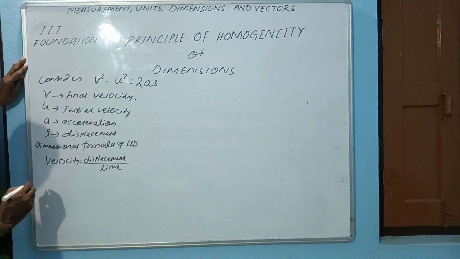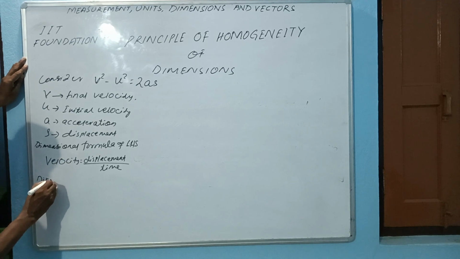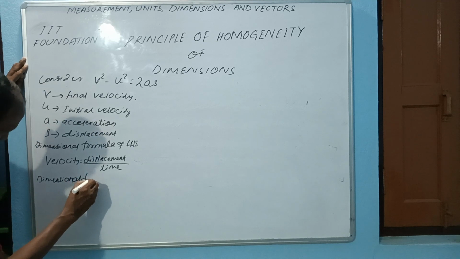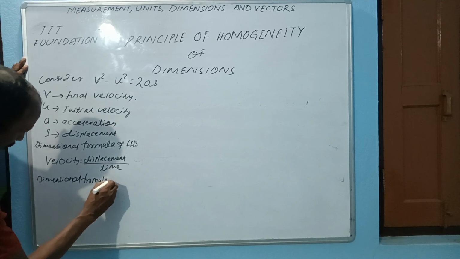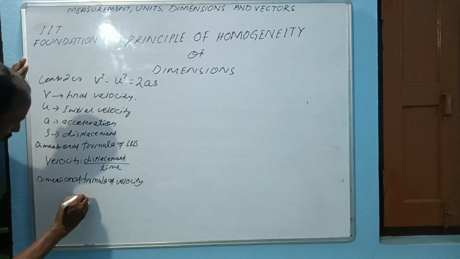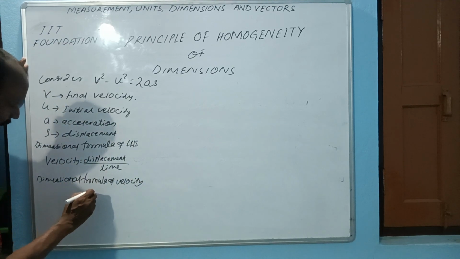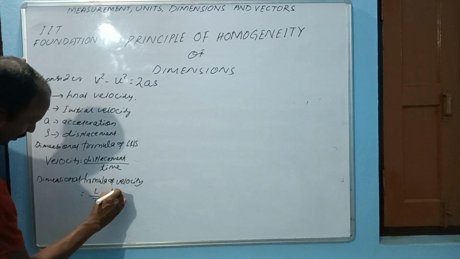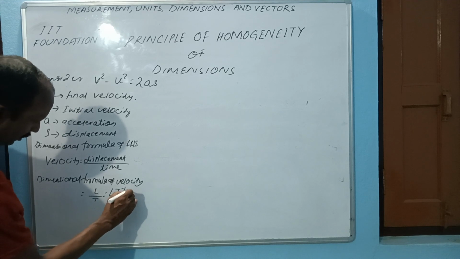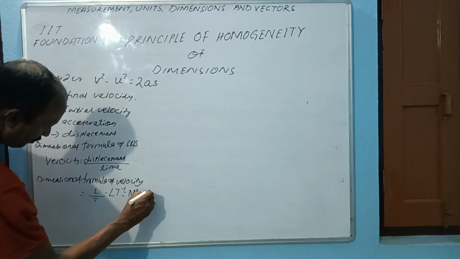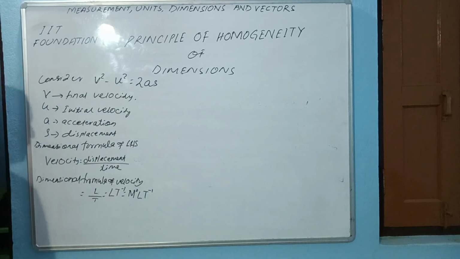So the dimensional formula of velocity is equal to displacement, that is length L, upon time t. That means L to the power 1 t to the power minus 1. I can write M to the power 0 L to the 1 t to the power minus 1.